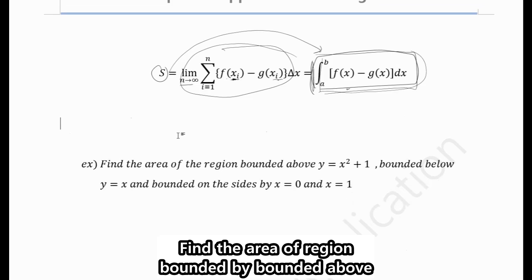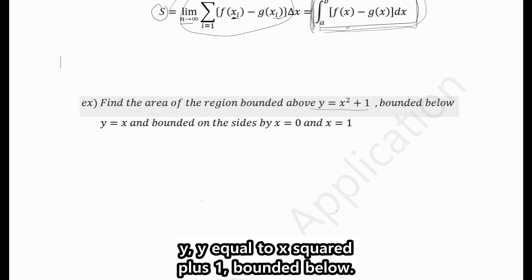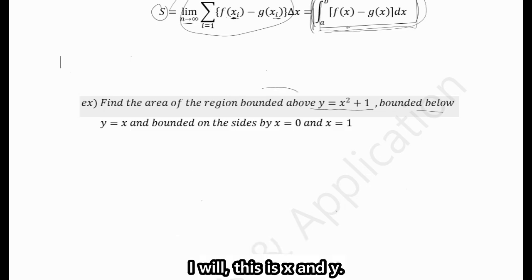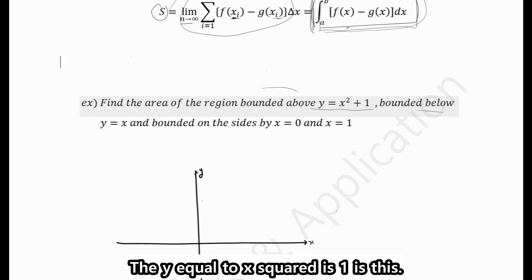Find the area of the region bounded above by y equals x squared plus 1 and bounded below by y equals x. This is the x and y axes. The curve y equals x squared plus 1 is like this.